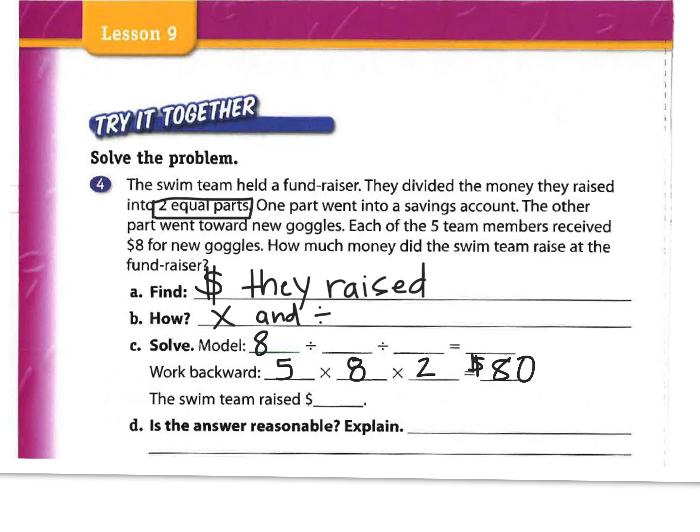So that means if they had $80, they divided it by 2, which is 40, divided 40 by 5, then they each got $8 for goggles. So the swim team raised $80. Is this reasonable? Yes, because we used multiplication and division.